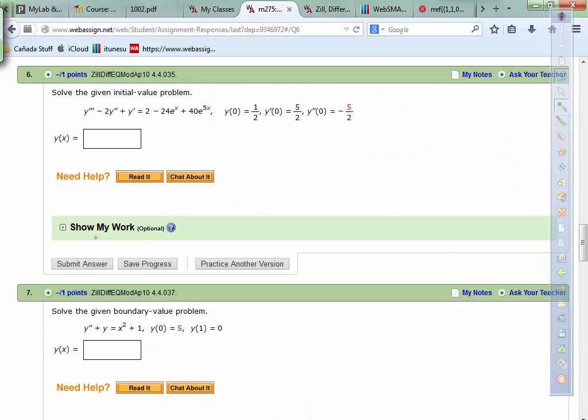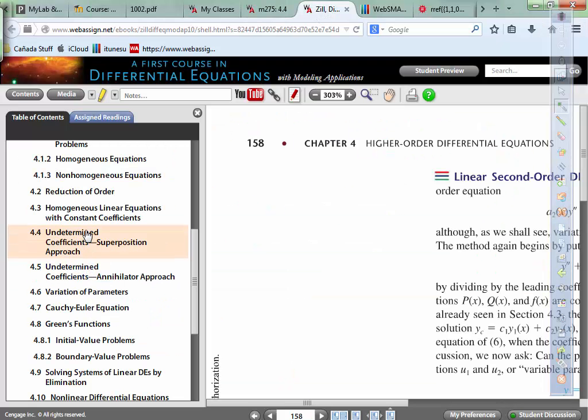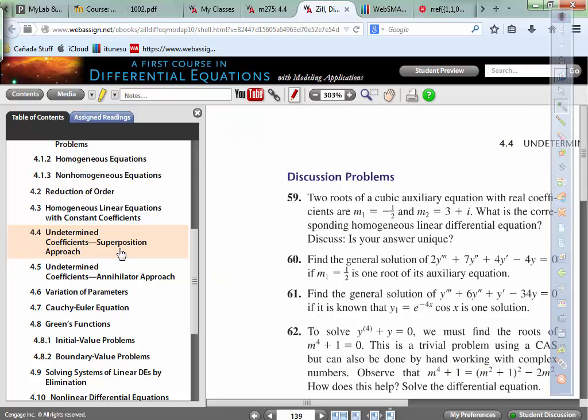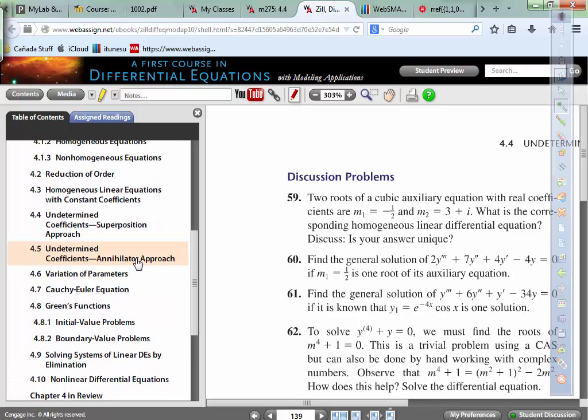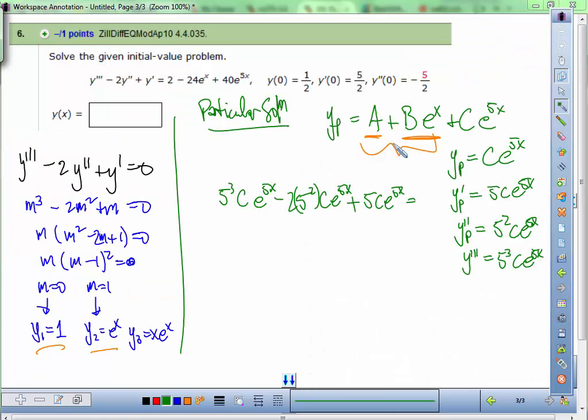All right, let me double check. Like, just keep the A and the B. That was the other thing, but that would make this a little bit more difficult.